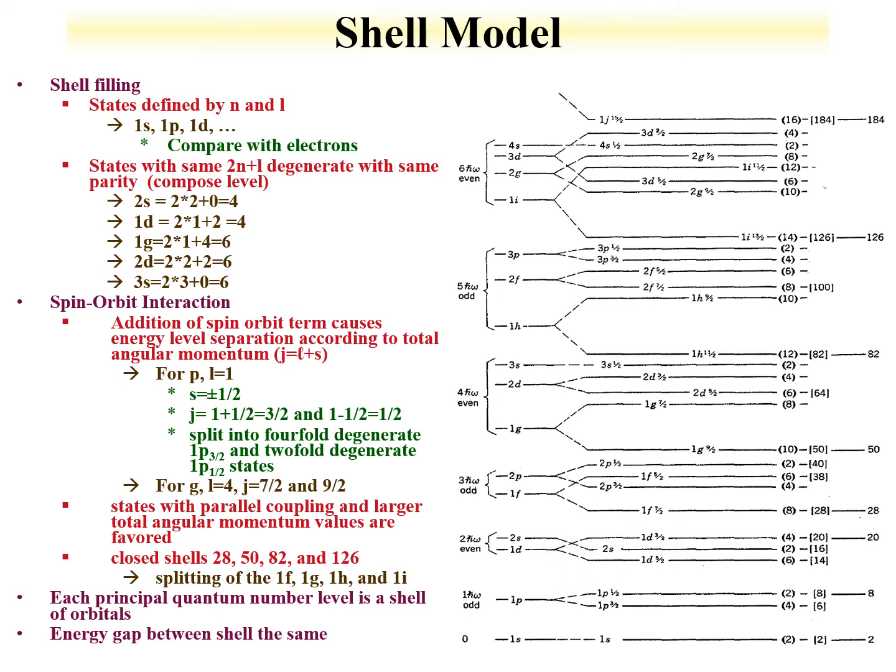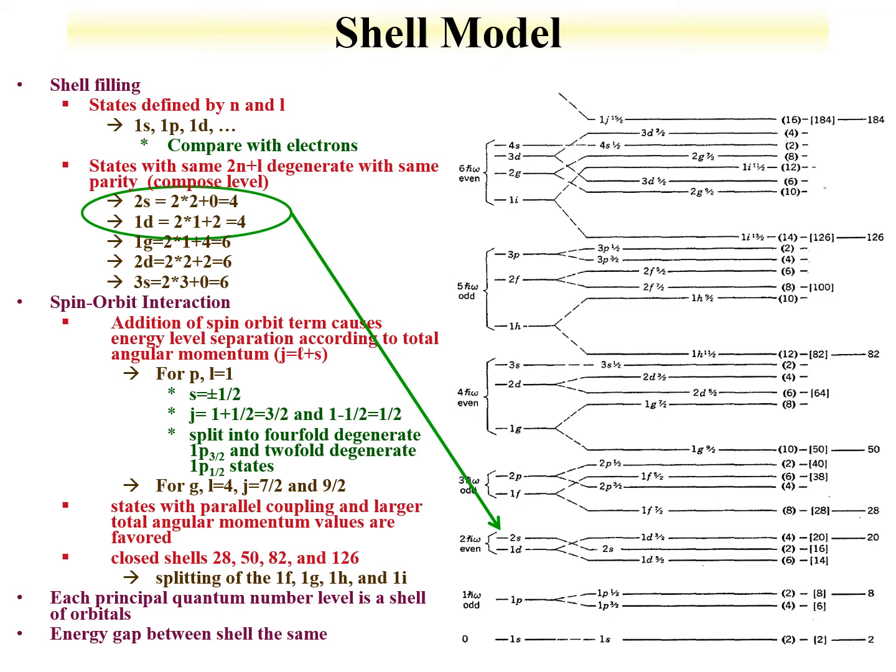Degenerate states: if I take 2 times n plus l, those with the same numbers, so for n and l, 1s, the n would be 1, the l would be 0. Those states with the same 2n plus l are going to be degenerate, and they'll be grouped together. As an example, if we look at this state here, which is composed of the 2s and 1d state.